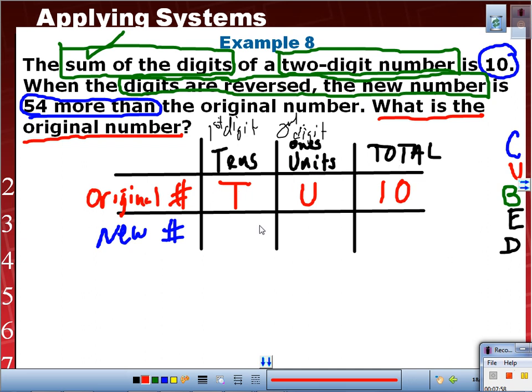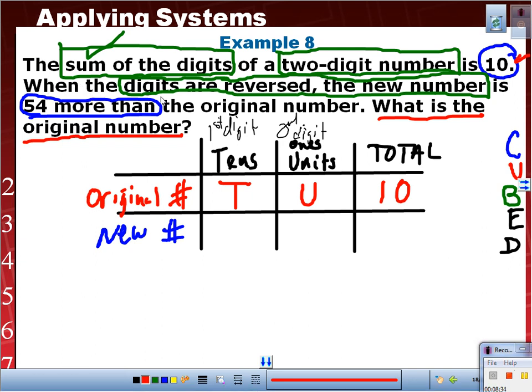This row is going to be for our original number. This is for the new one. The original number says the sum of the 2 digits is 10, because there is an equal sign, right? So since we don't know the digit, this one we just labeled T, this one U, and this one 10. So we're done with the first row. Let's go to the next row.